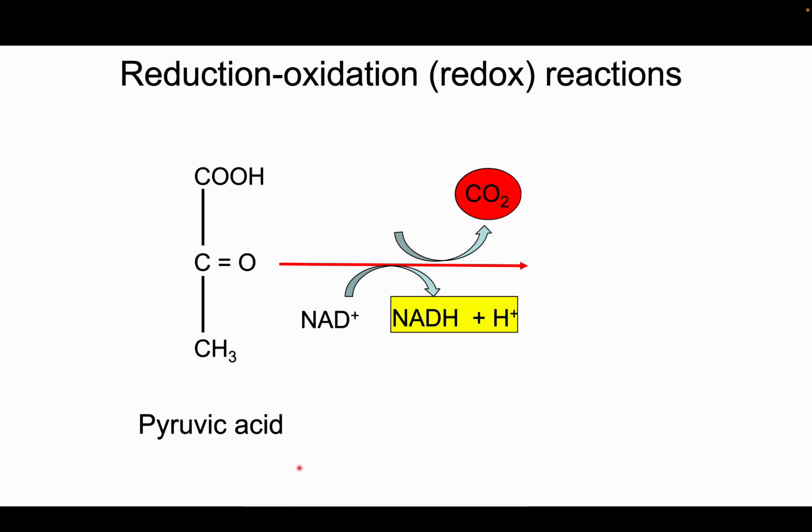On the other hand, as another example, we have the formation of the acetyl group from pyruvic acid. Here, what we are seeing is that the acetyl group is actually oxidized, in comparison to our other example a while ago, where pyruvic acid was transformed to lactic acid.